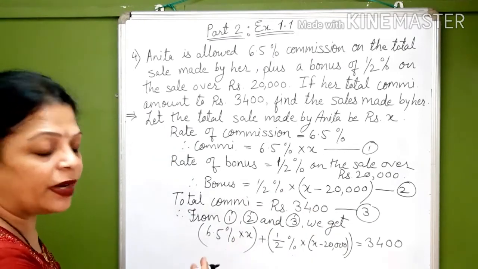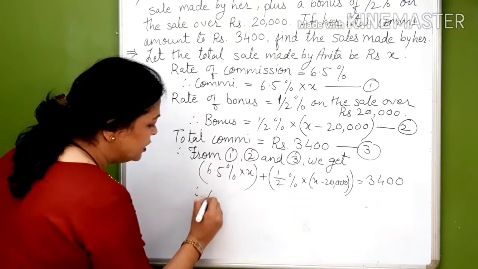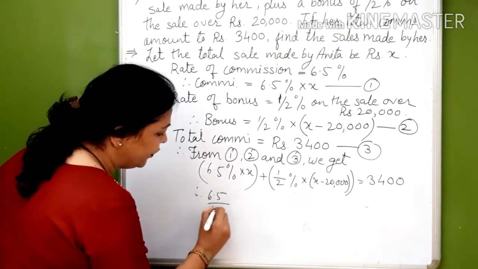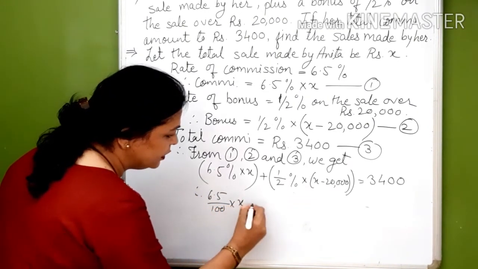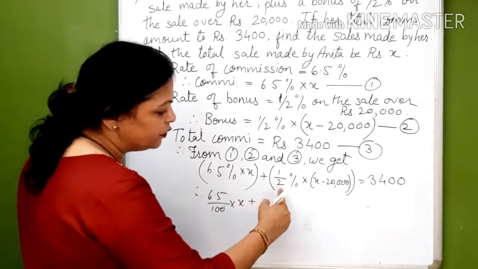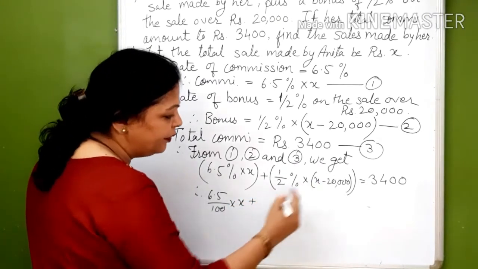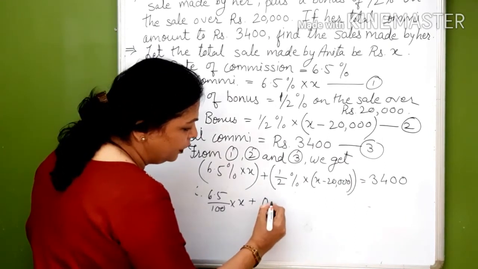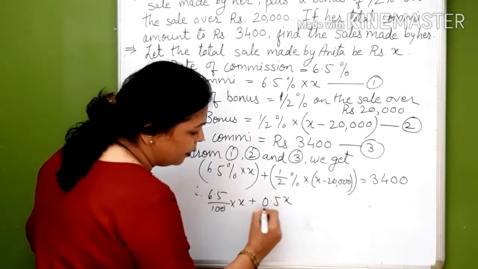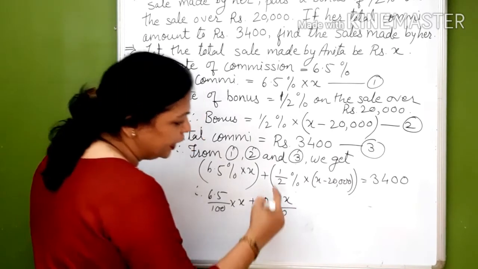Now we have to simplify this. So we will get 6.5 upon 100 into x plus, now here 0.5% will be 0.5 upon 100 into x, that is 0.5x upon 100. Correct?